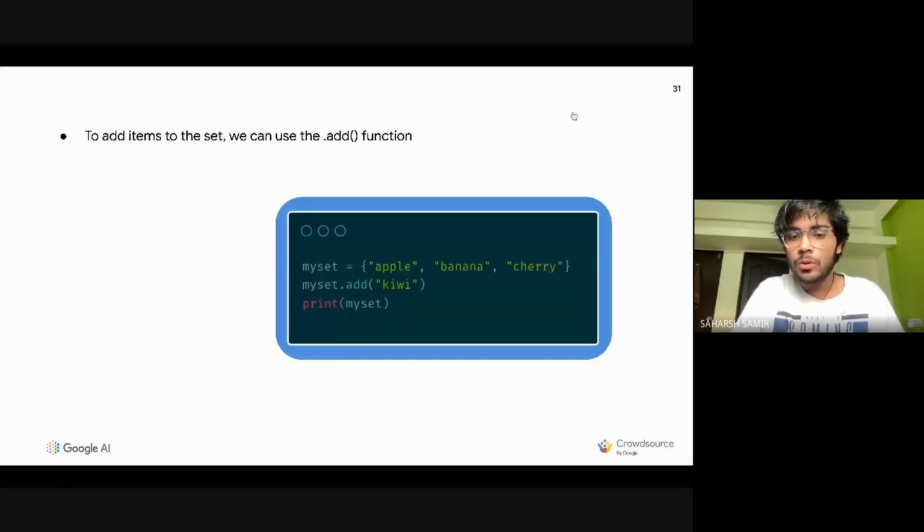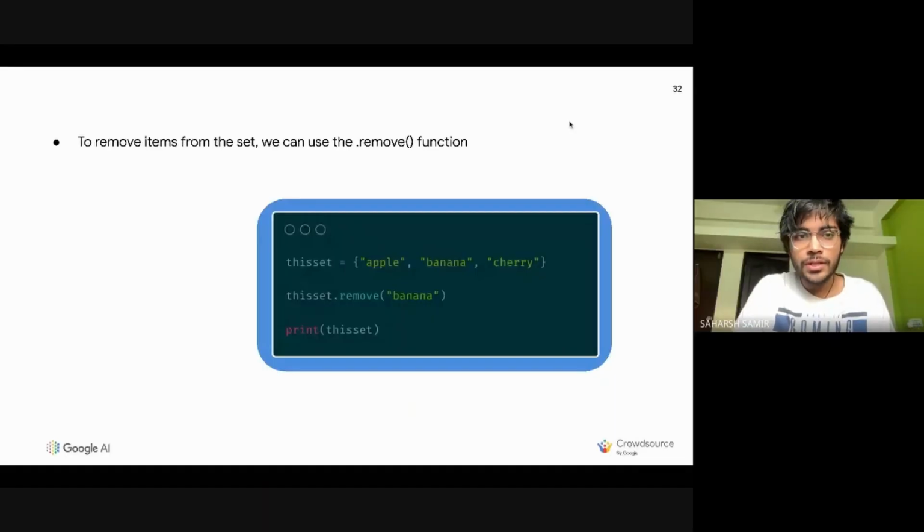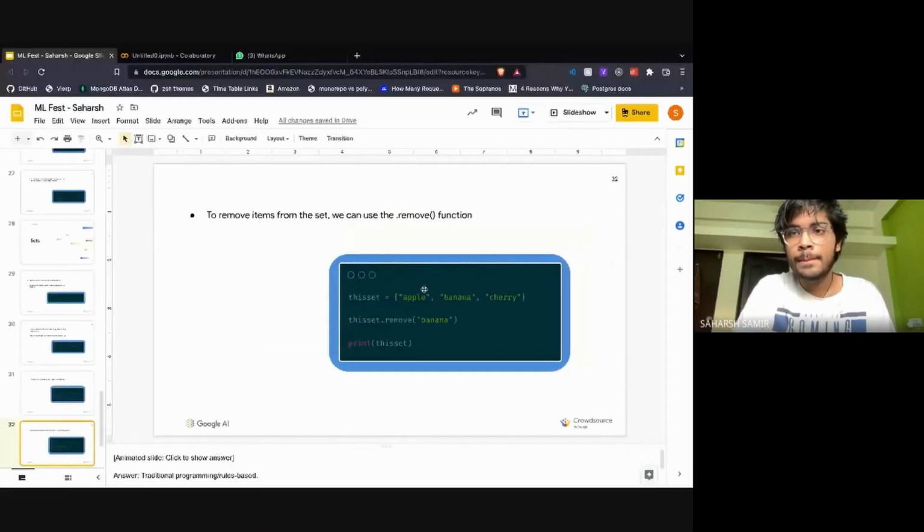Similarly, if you want to remove an element from the set, you would use the dot remove function, and within the parentheses, you would provide the value that you want to remove. Let's run this.